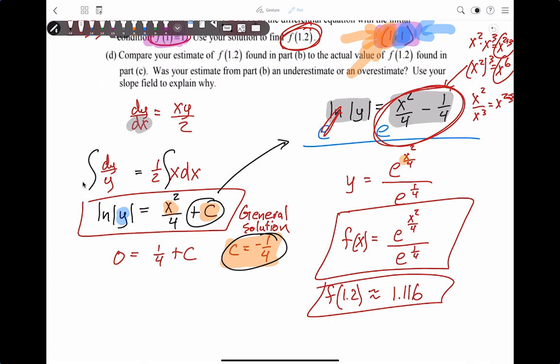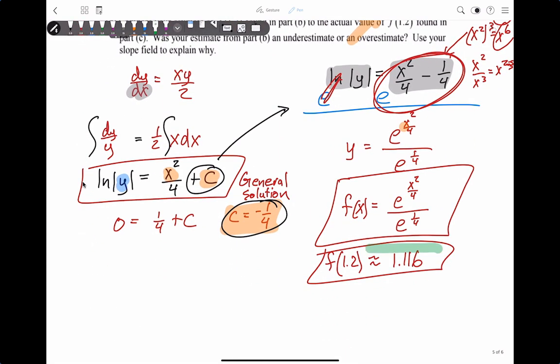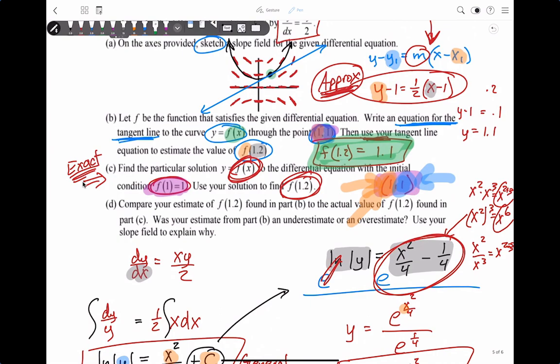Now notice that we got 1.116. Up here in part B, we got 1.1, very, very close to the answer that we got here. Now remember, this one right here that I'm pointing the arrow at is the exact value. This one up here with the equation of the tangent line was an approximation.